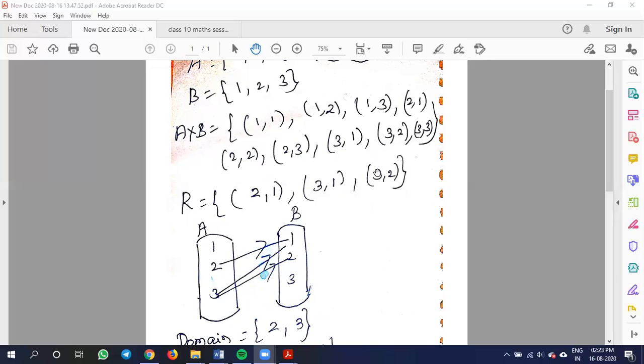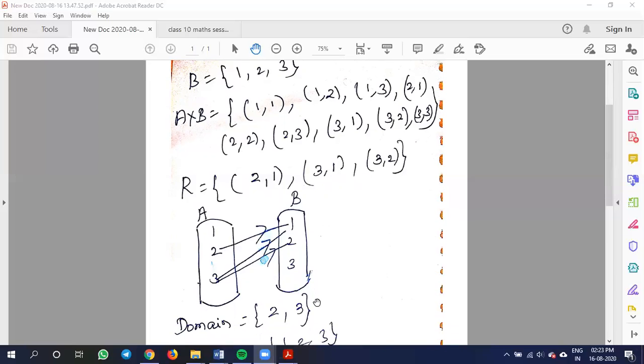Then the next one, (3,2): take 3 from A and 2 from B. So this is a relation satisfying the condition that the first component is greater than the second one.